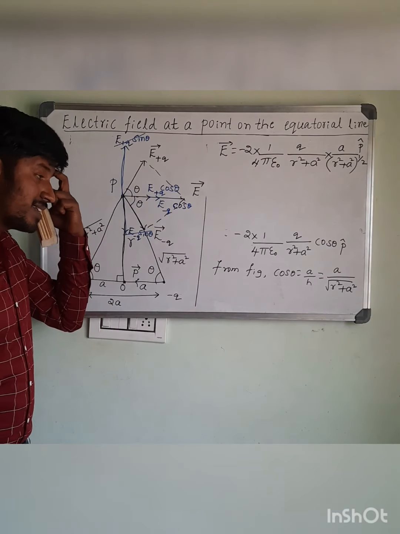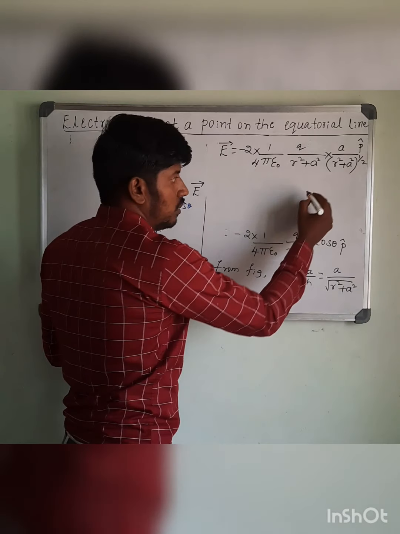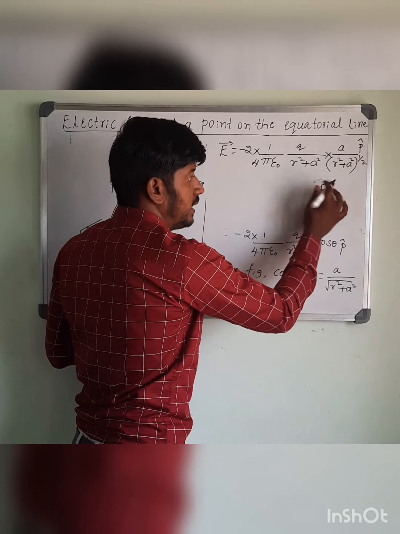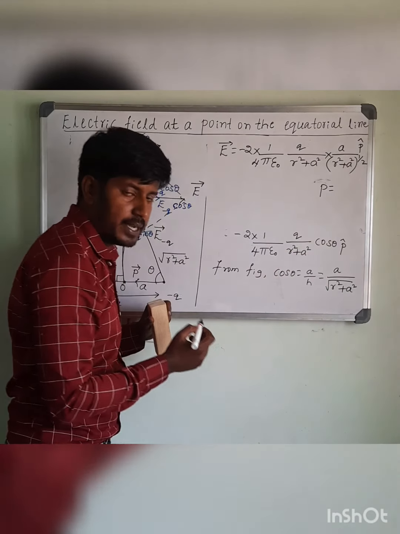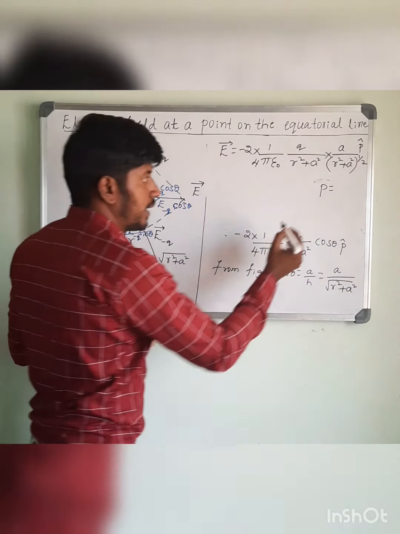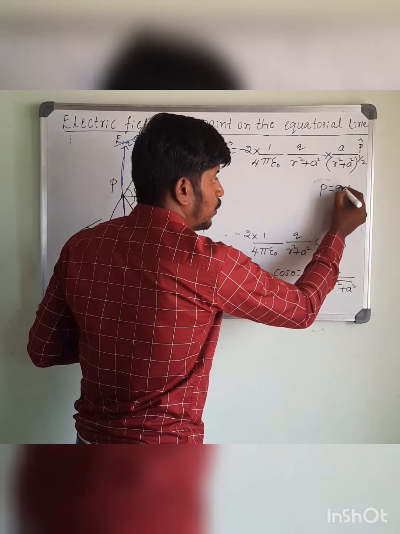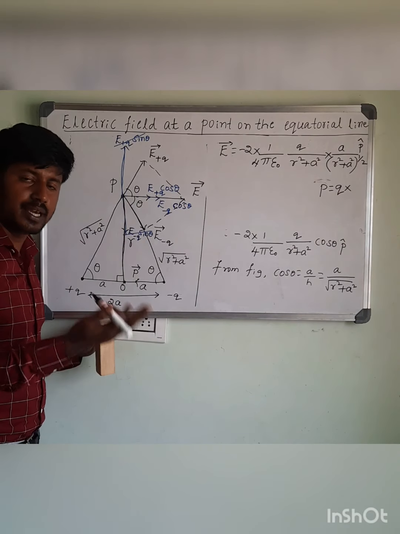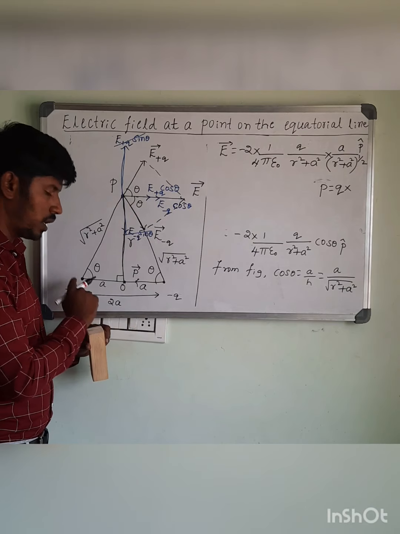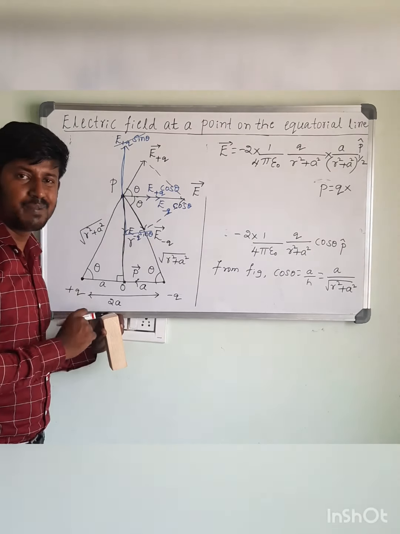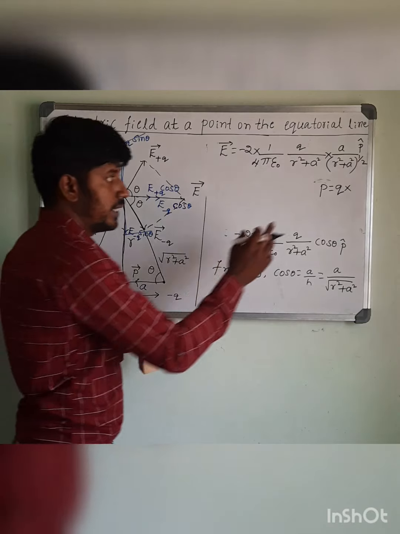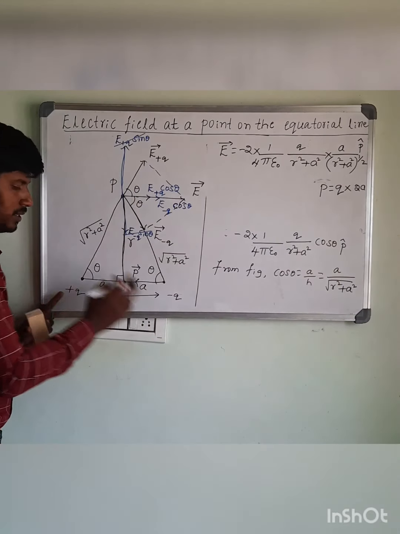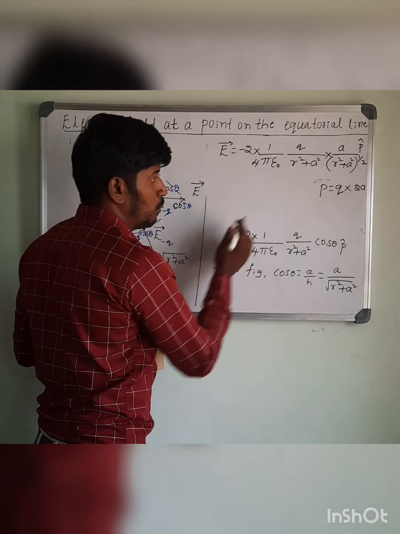Okay, now the last step: make use of the definition of dipole moment. Dipole moment p is the product of the magnitude of either charge and the distance between them. We have two charges; take any one charge, magnitude meaning don't consider whether it is plus or minus, so it is positive. And the distance between these two is 2a. This is called dipole moment.